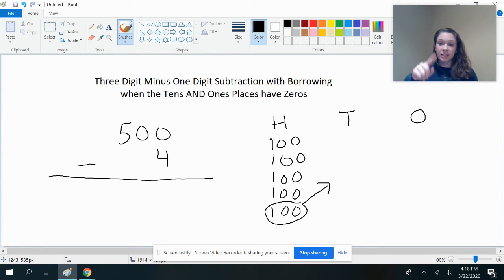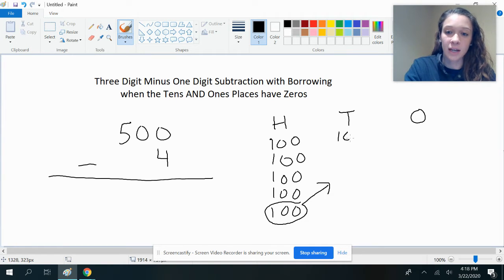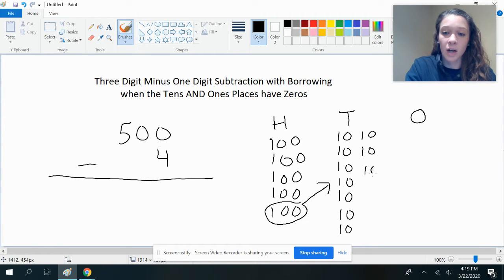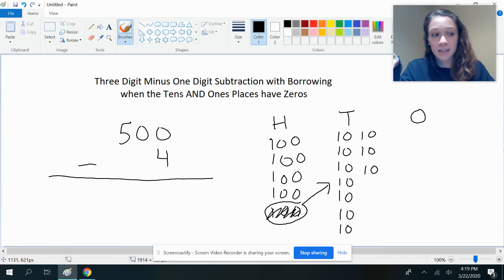So that means I need to write down 10 tens in my tens column. So that was 10 tens, and I'll cross out this 100 because it's not there anymore since I took it from the hundreds, brought it to the tens.